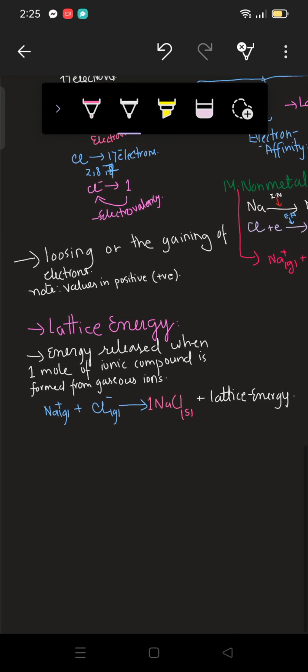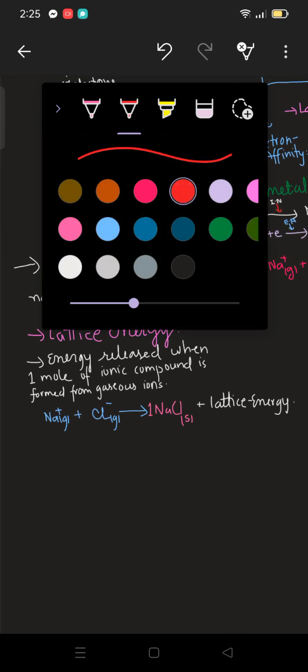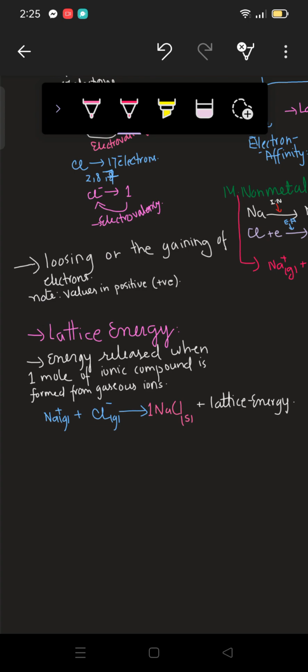Right? So now what is lattice energy? Lattice energy is the energy which is released when 1 mole of ionic compound is formed from its gaseous ions. Right? So lattice energy is nothing but the energy which is produced when 1 mole of ionic compound is formed from its gaseous ions, as we have seen in the example as well.